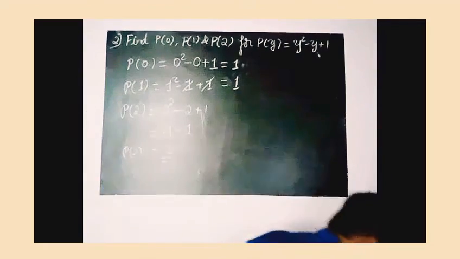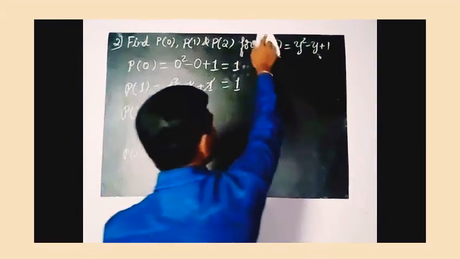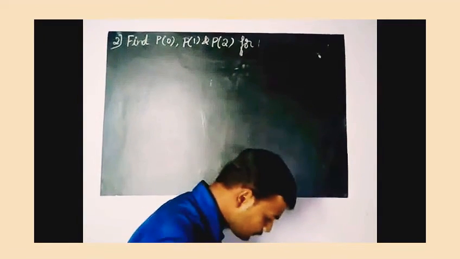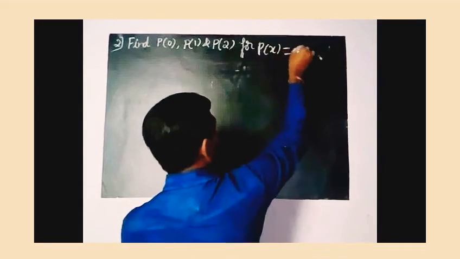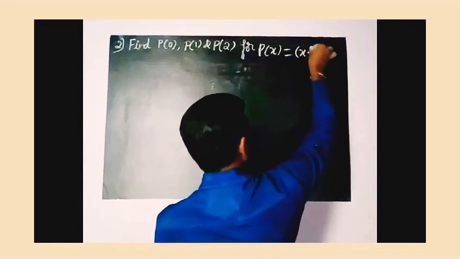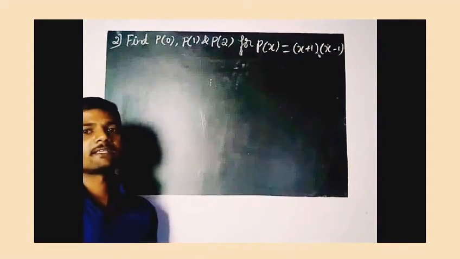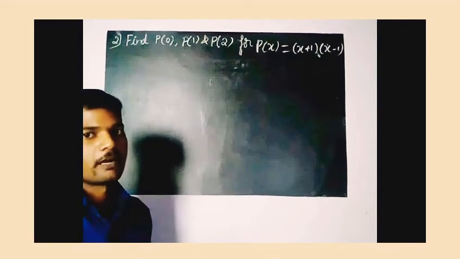Okay, let me take the same question by changing the polynomial. Find p of 0, p of 1 and p of 2 for the polynomial p of x is equal to (x plus 1) into (x minus 1). That means the value of x we have to consider now.